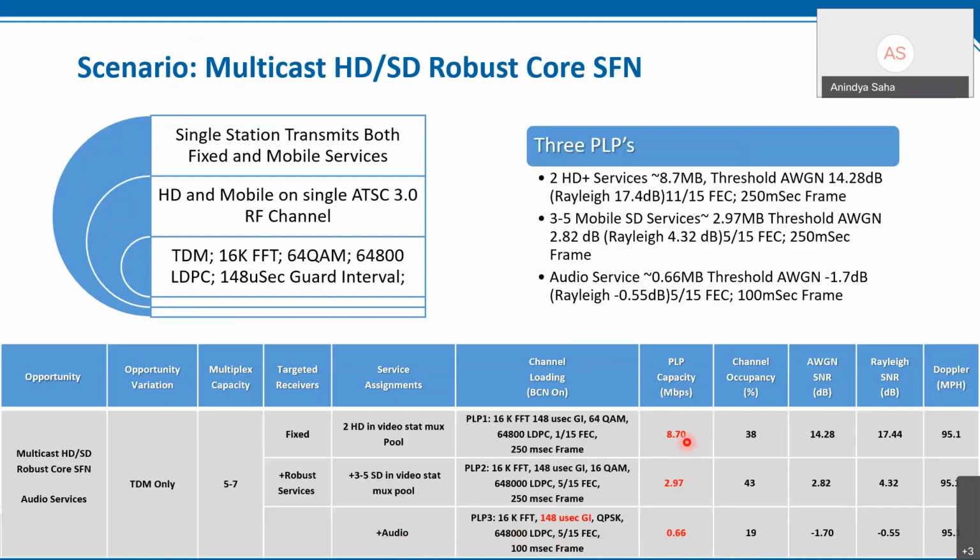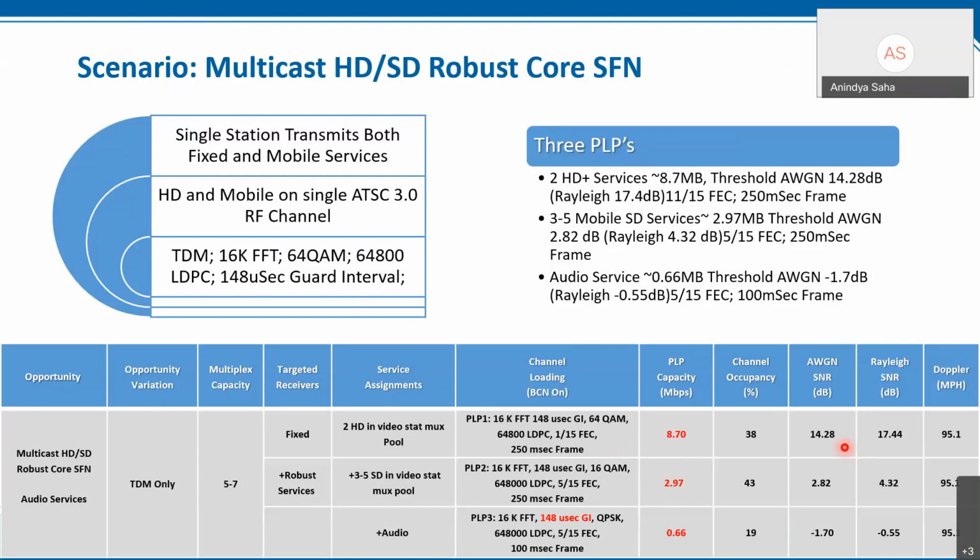And so this is again one of the ways in which a broadcaster would combine services, in this case the example of 3 PLPs to deliver a different kind of service. An important thing to keep in mind is that all these services, all these PLPs, are time division multiplexed within the subframe, and they are being delivered concurrently.